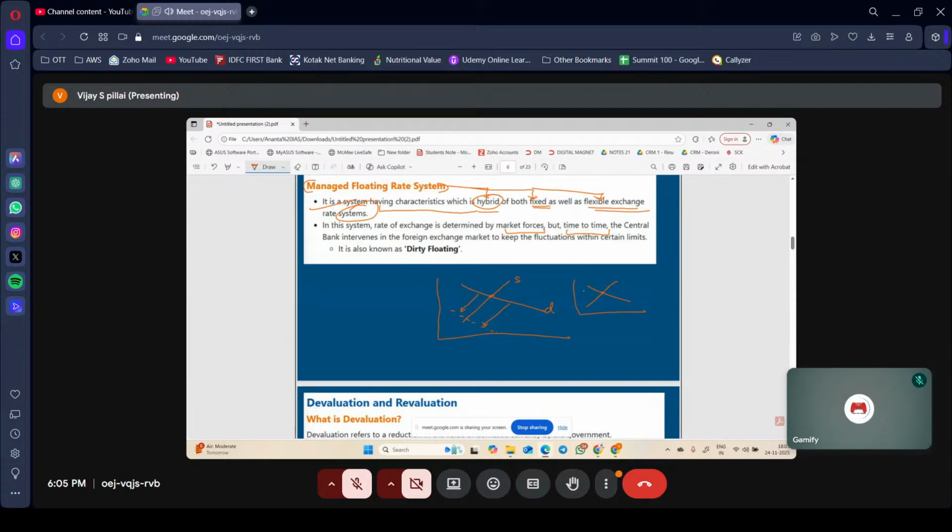But if things cross certain thresholds, say demand goes so high that the currency value increases hugely and exports become very expensive, then the central bank will intervene. That is why it is called a hybrid of fixed as well as floating. Is it clear? Yes, sir.